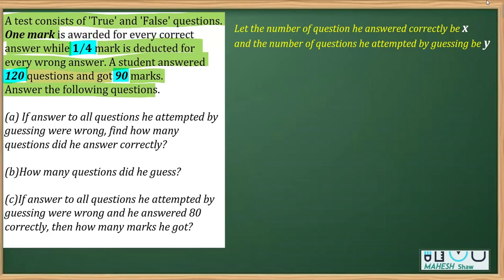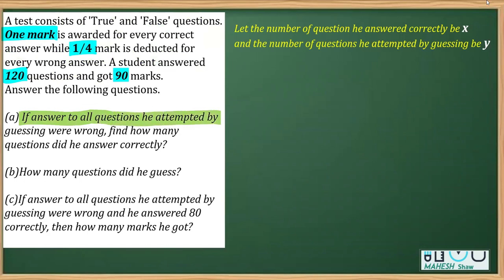Now, in the first part, they're asking if the answers to all questions he attempted by guessing were wrong, then we have to find the number of questions he answered correctly.